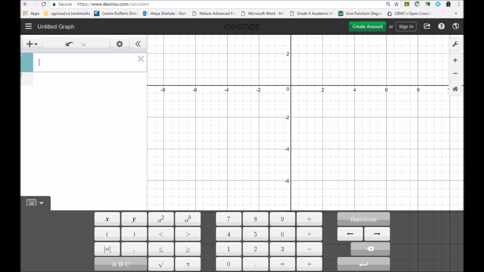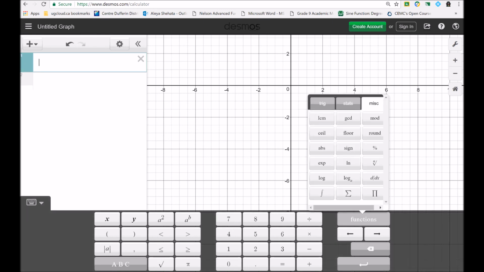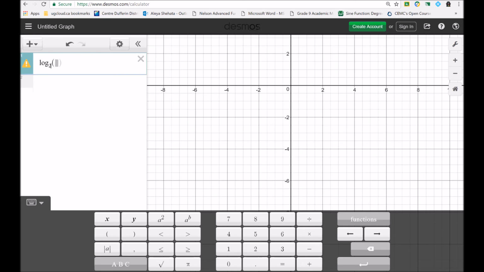If I use a different base and I did log base 2 of x instead, it still has a domain that's restricted where x is greater than 0. The reason this happens is that if I raise 2 to any exponent, my answer will always be bigger than 0.